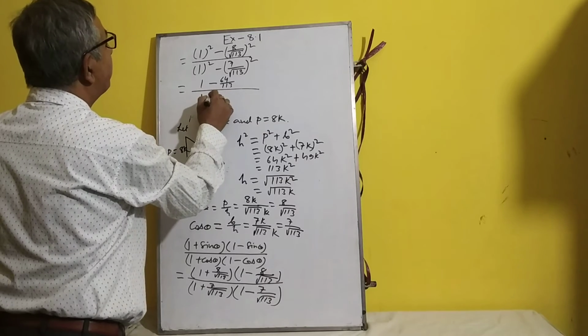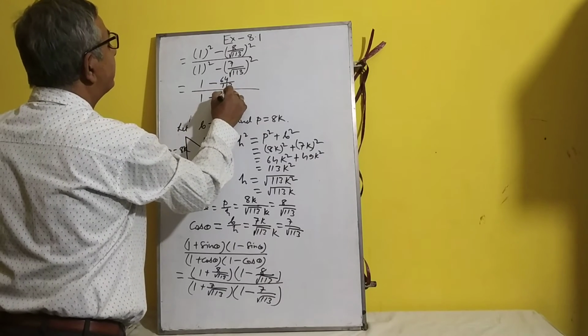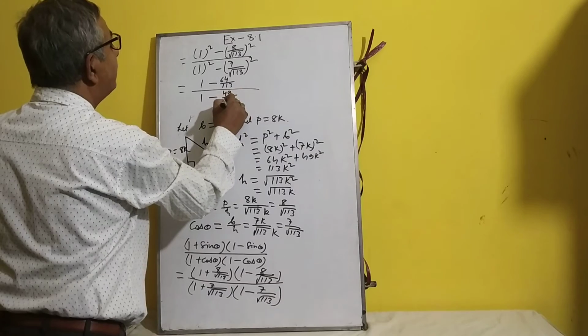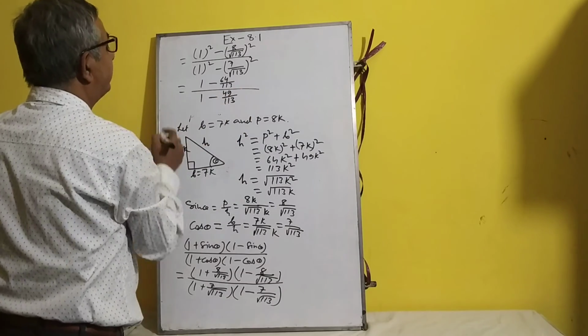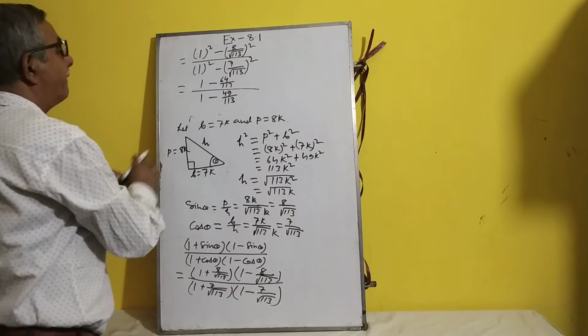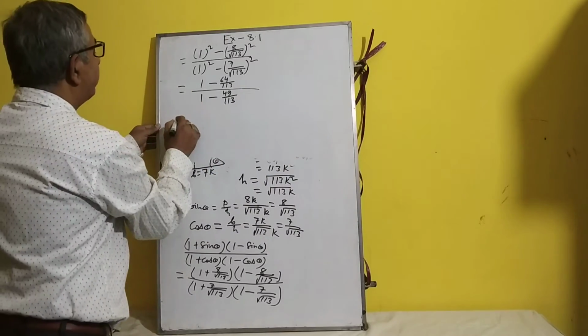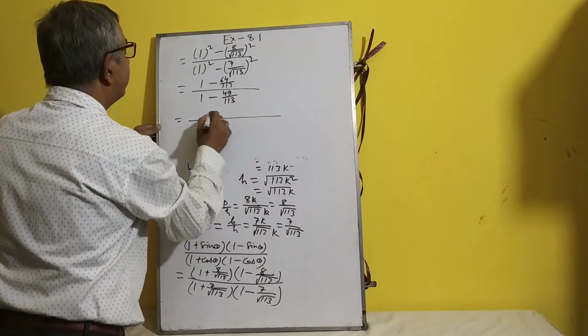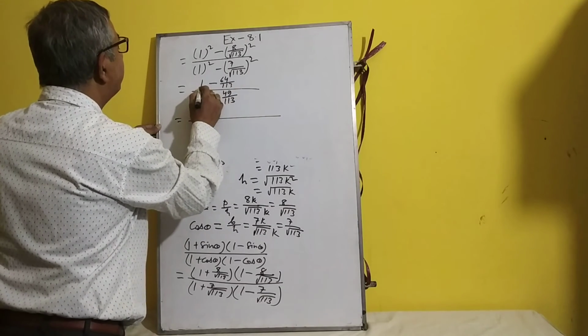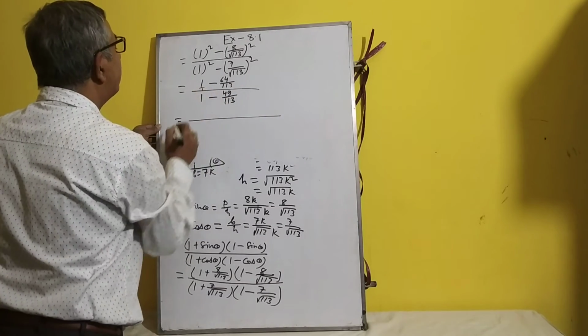1 square 1 minus 7 square 49 you are getting over 113. Now you see here, LCM of, here you see nothing means what? 1 is there, no?